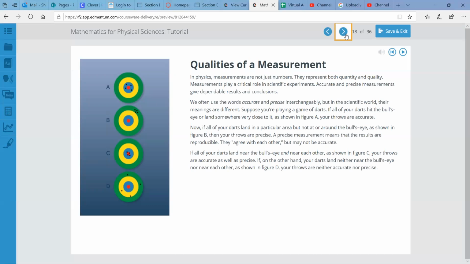Now we're talking about qualities of a measurement. If you hear words like accurate and precise, that means something very specific here. And it gives you a few ways to think about it.